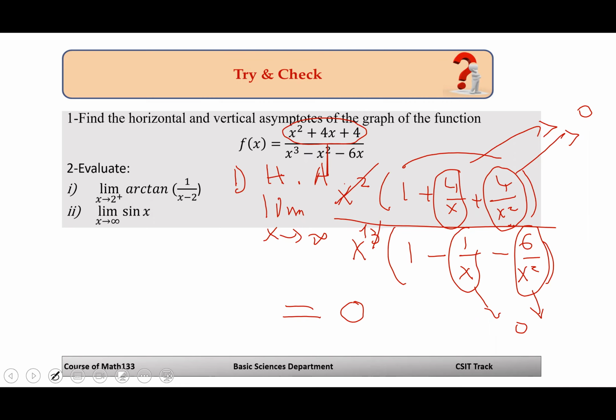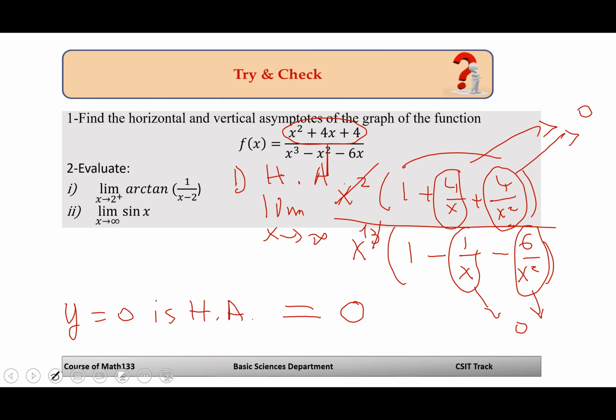We don't need to do minus infinity here, since the computations are the same. We didn't do any difference for x plus or minus infinity. It's the same. There is no root, there is no absolute value to make the difference. So y equal to 0 is a horizontal asymptote.